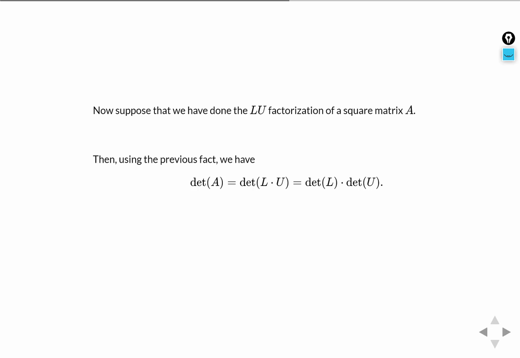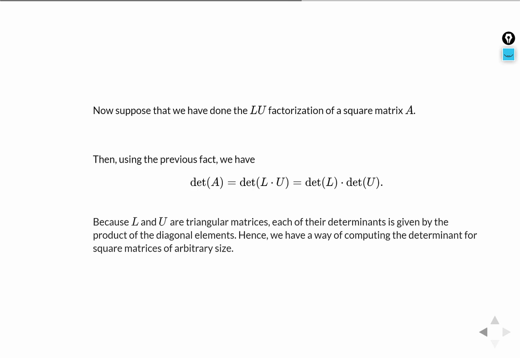Using the previous fact, we can write the determinant of A as the determinant of L times the determinant of U. This is very important because now we have a general way to compute the determinant of any square matrix of an arbitrary size.